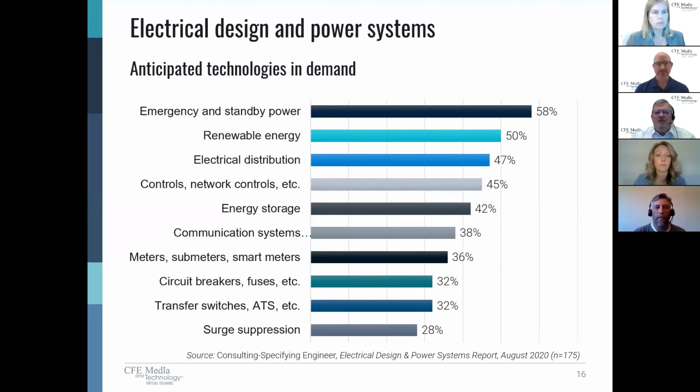Absolutely, and as you'll see, no surprise, emergency and standby power systems are at the top. Right now, the demand for critical power systems is steadily increasing each year in all industries, most notably in industrial, manufacturing, warehouses, offices, and healthcare facilities. Reliability is also being pushed to the forefront as well.